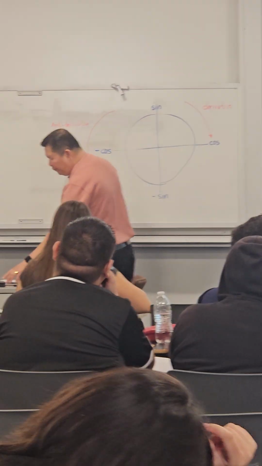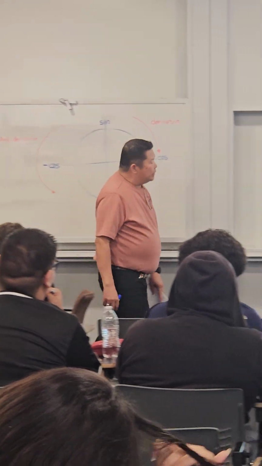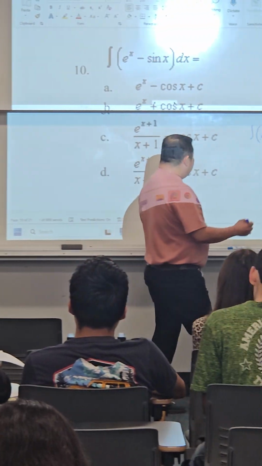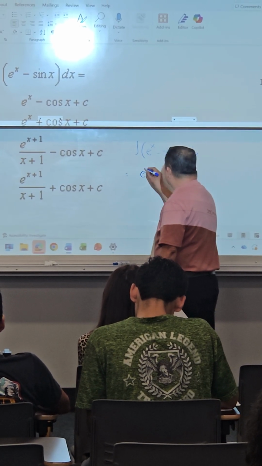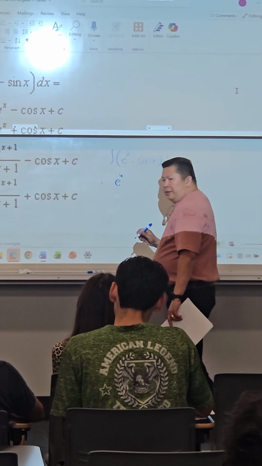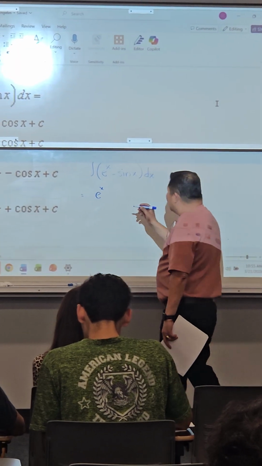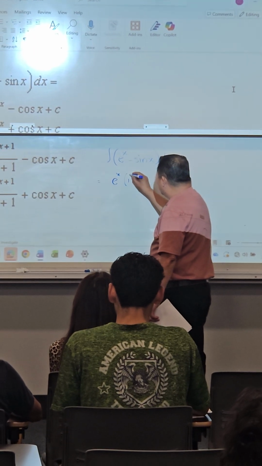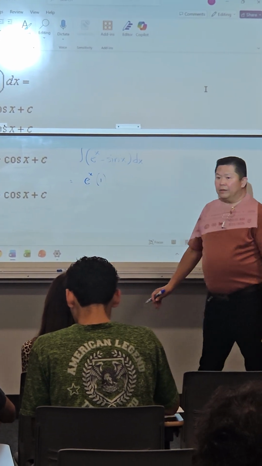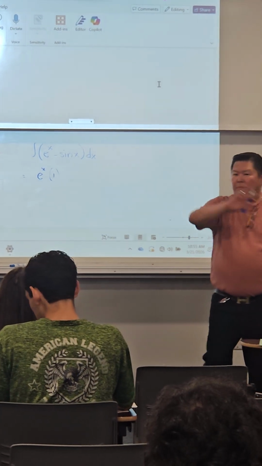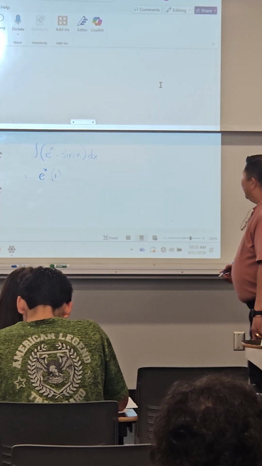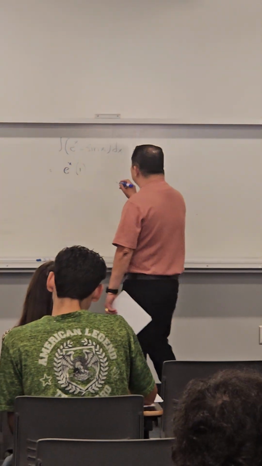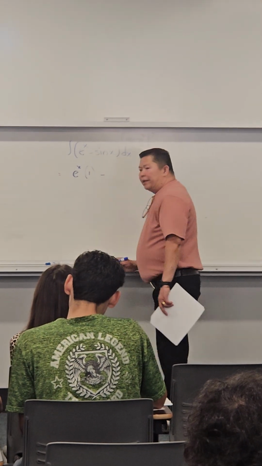So we start doing this. We have e to the power of x. The antiderivative of e to the power of x, actually, we're gonna save time for this one. It's gonna be e to the x, but x is differentiable, so the derivative of x is just 1. Normally, right? But in my class, I don't put 1 anymore. It is understood. Okay? And then we have minus the antiderivative of sine.